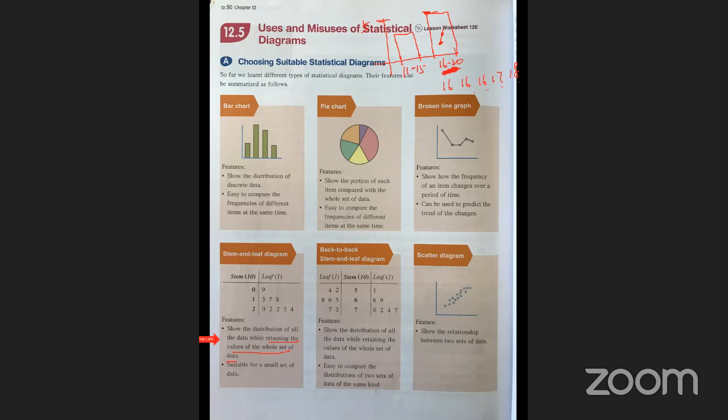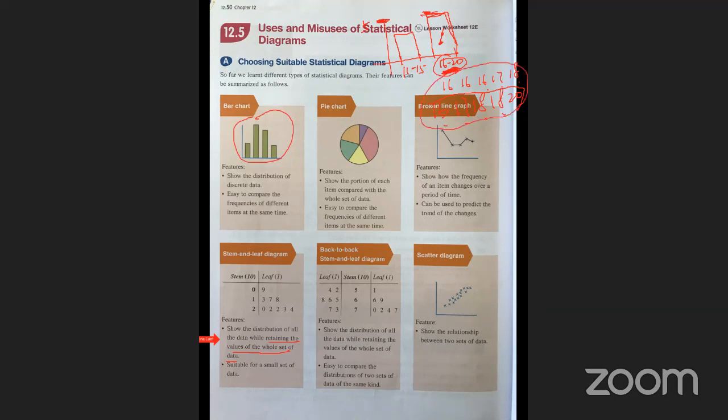But I can still have 16, 17, 18, 18, 20. Then I also have 5 data, and all these 5 are grouped in this group, so that when I draw the bar chart, I make the height here to be 5. Therefore, if you just look at the bar chart like that, you don't know the exact data. Okay, that is the difference.